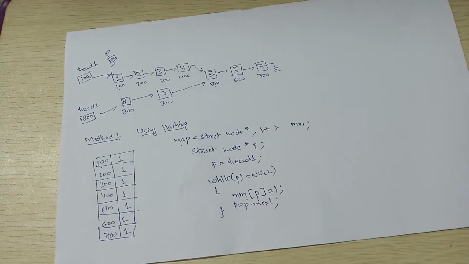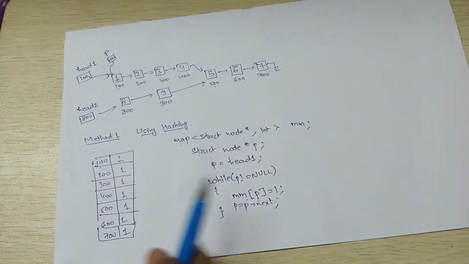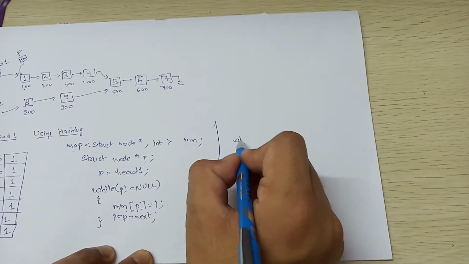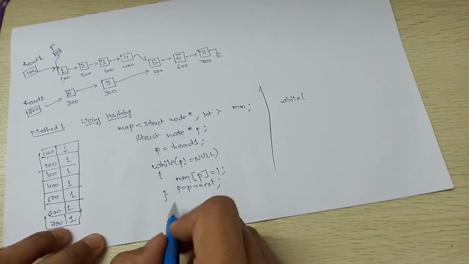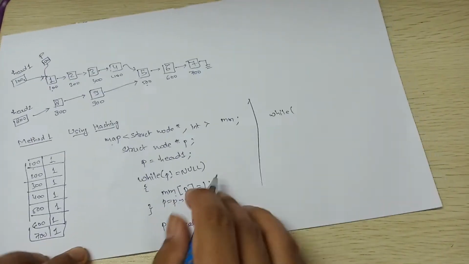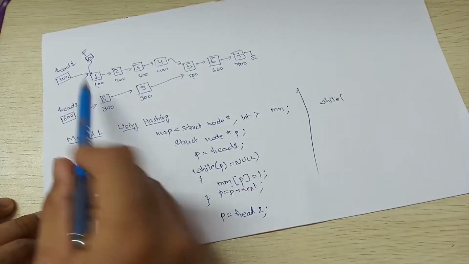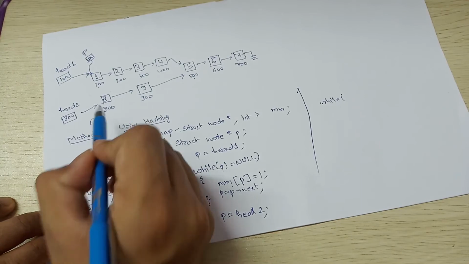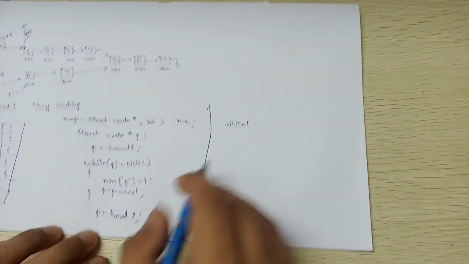So now we have traversed using head 1. Now we are going to traverse using head 2, so p will point to head 2, the first node of the second list.